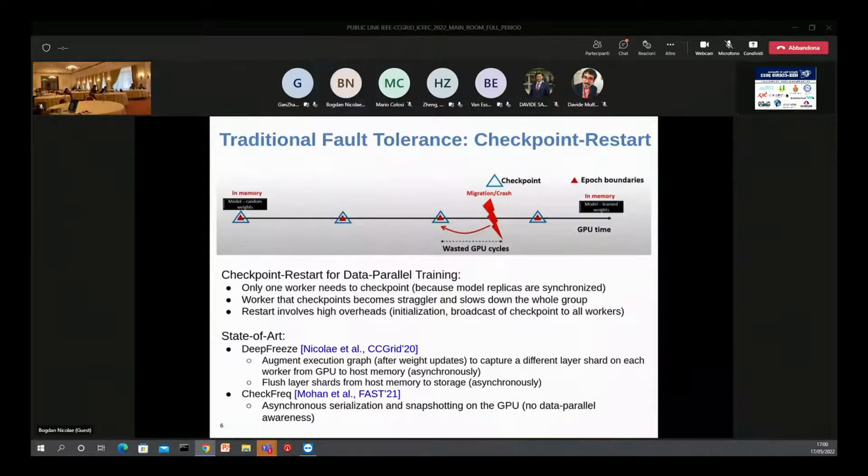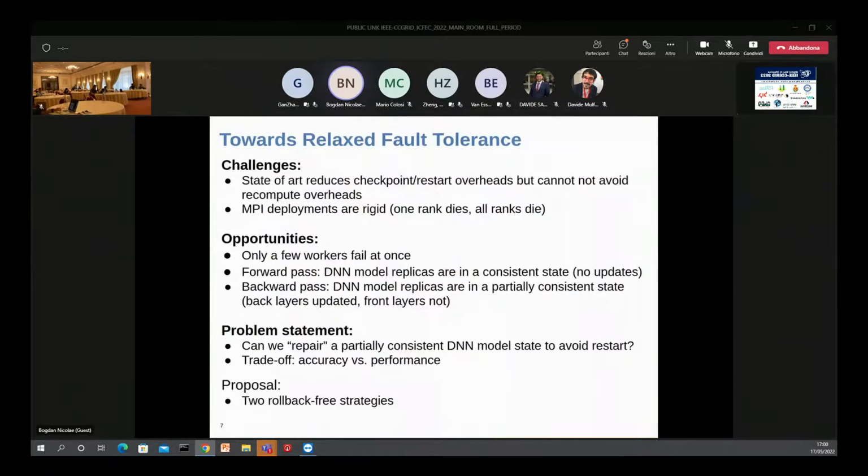So, however, the problem with these approaches is that even if we manage to get the overhead of checkpointing to zero in the ideal case, we still deal with the problem of having to recompute everything, all the progress lost from the moment of the checkpoint up to the moment when the failure happened.